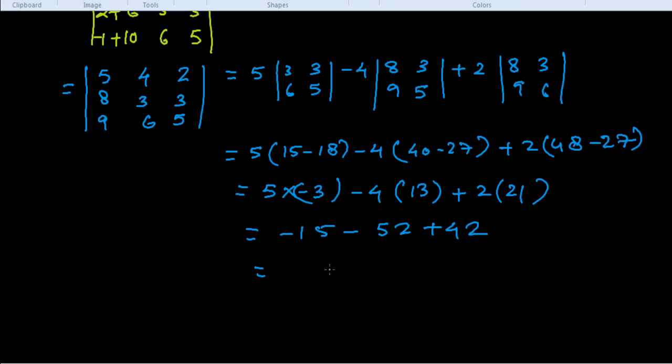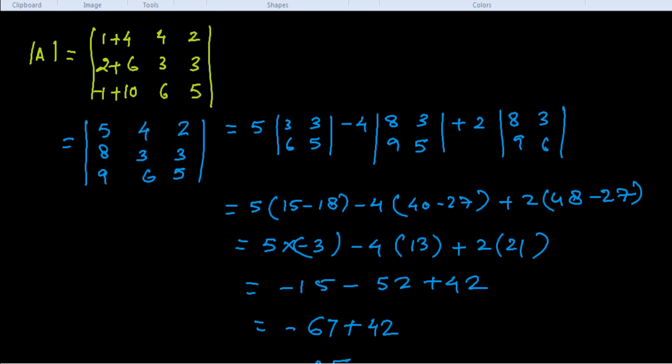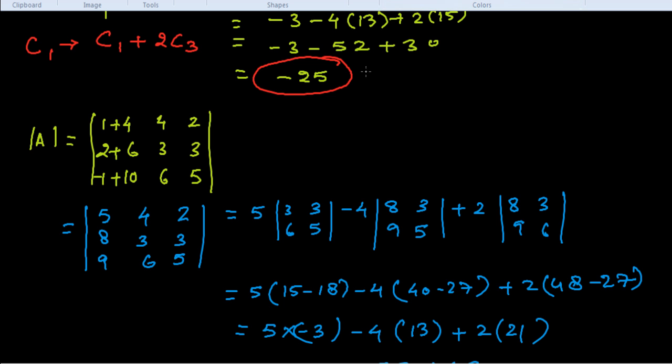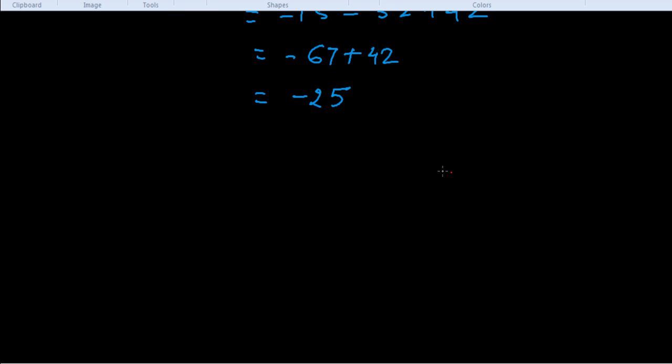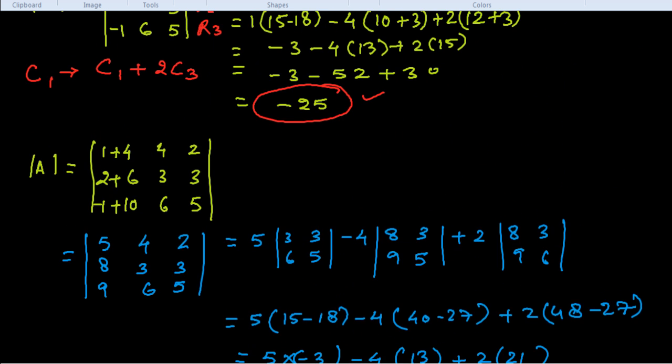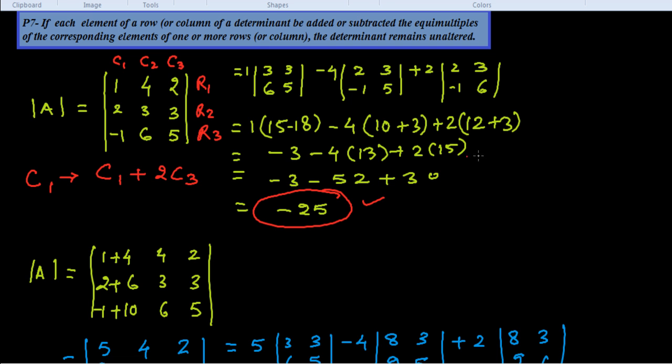You get here minus 67 now plus 42. Look at this, 67 minus 42 is 25. The greater number has the negative sign, so you get minus 25. So look at this, this one is minus 25, this one is minus 25. The value is unaltered.